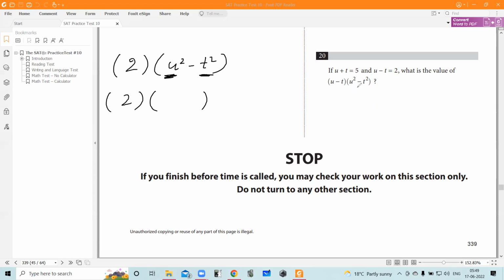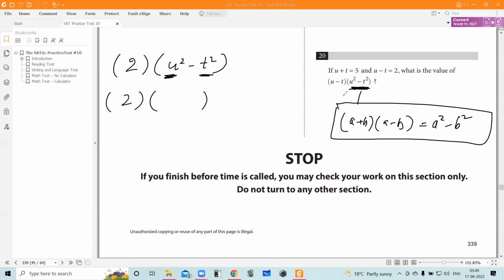Isn't it parentheses a minus b times parentheses a plus b? Exactly. A plus b times a minus b will be equal to a squared minus b squared. So that means if this is u squared minus t squared, it'll be u plus t times u minus t.